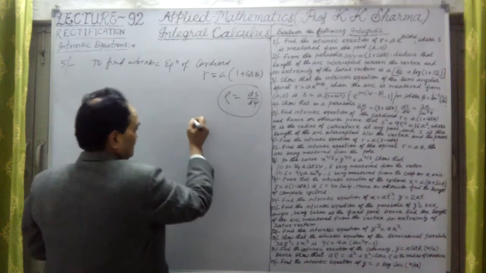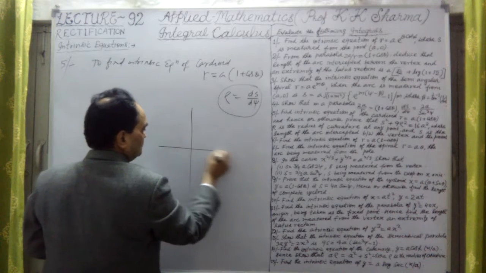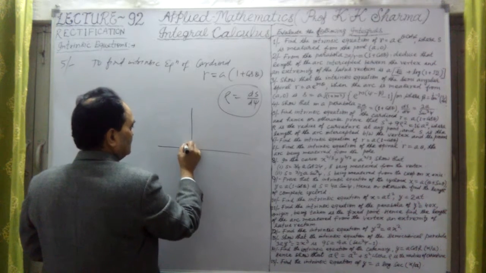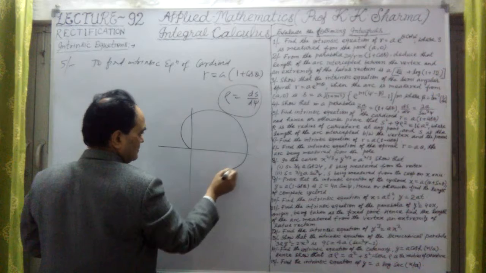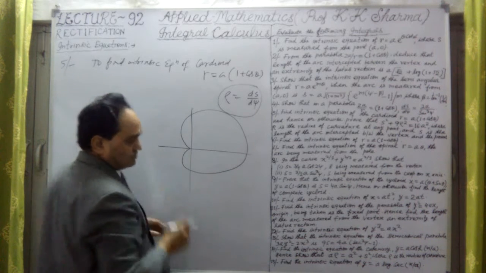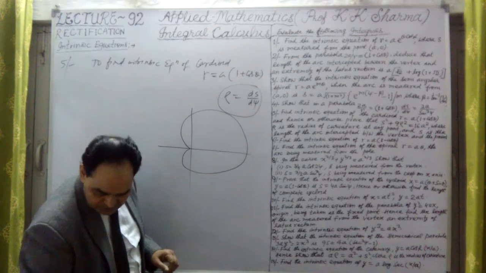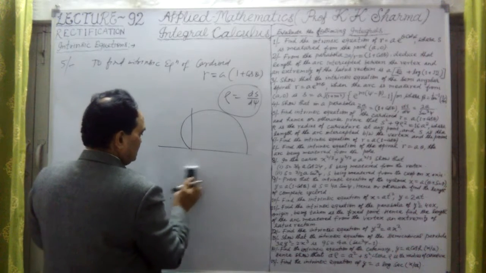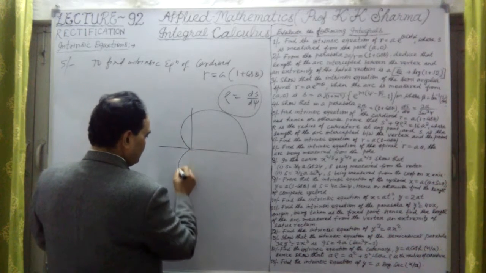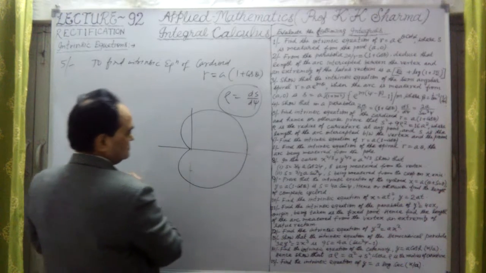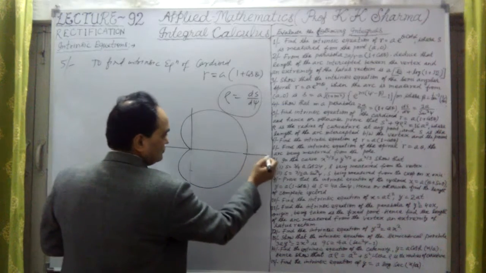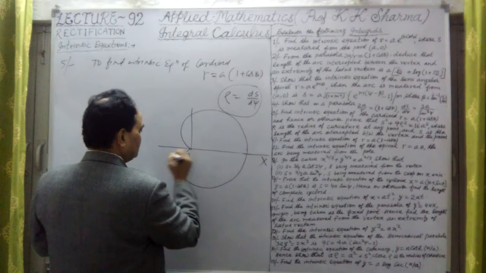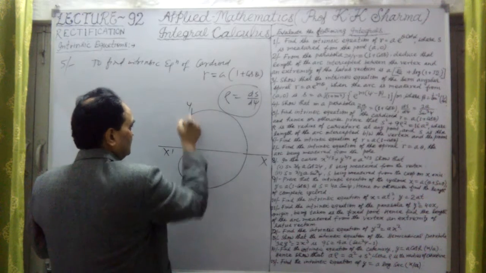We know that this is the cardioid here, with x-axis, origin, x dash axis, y, and y dash axis.